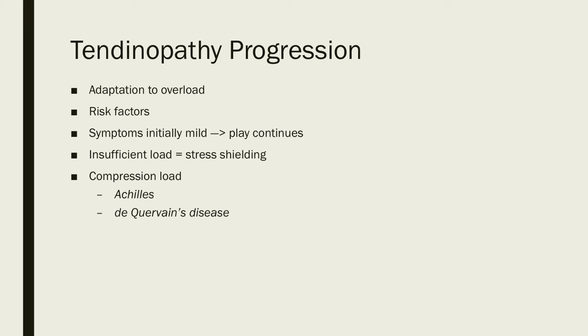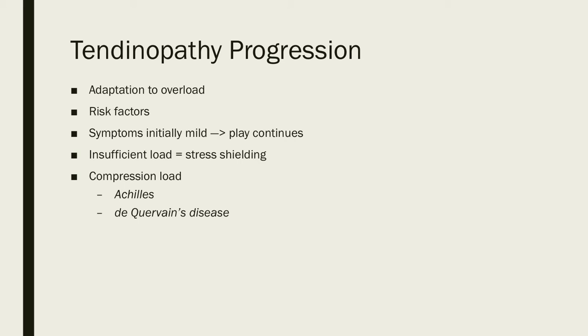With de Quervain's disease, this is primarily relative to the tendinosynovitis of the extensor pollicis longus and the abductor pollicis brevis tendons in the thumb and the hand. And tendinosynovitis is really when there's inflammation of the actual tendon sheath.